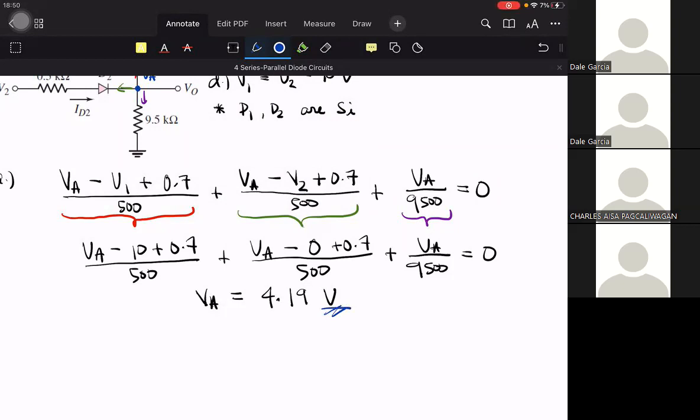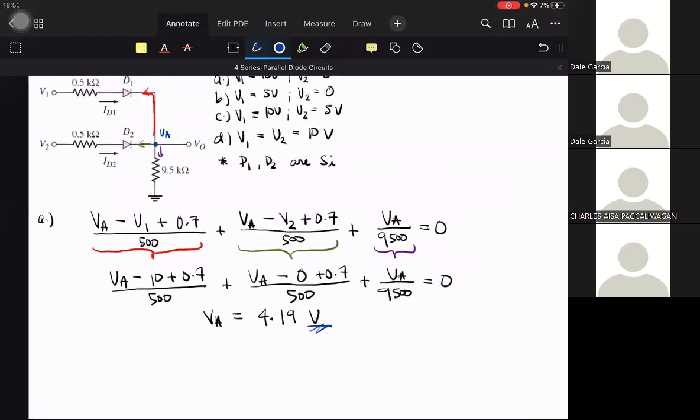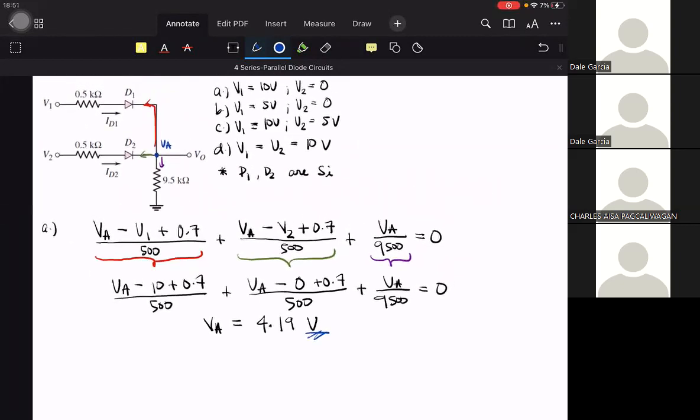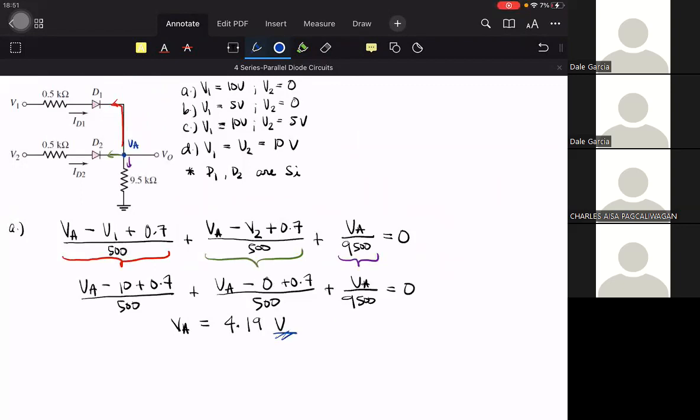Now, may tabo ron. Ay, bagong revelation. Initially, I assumed na si D1 ug D2 kay forward bias tanan. But kung atong tanawon ang answer na to, VA is 4.19.